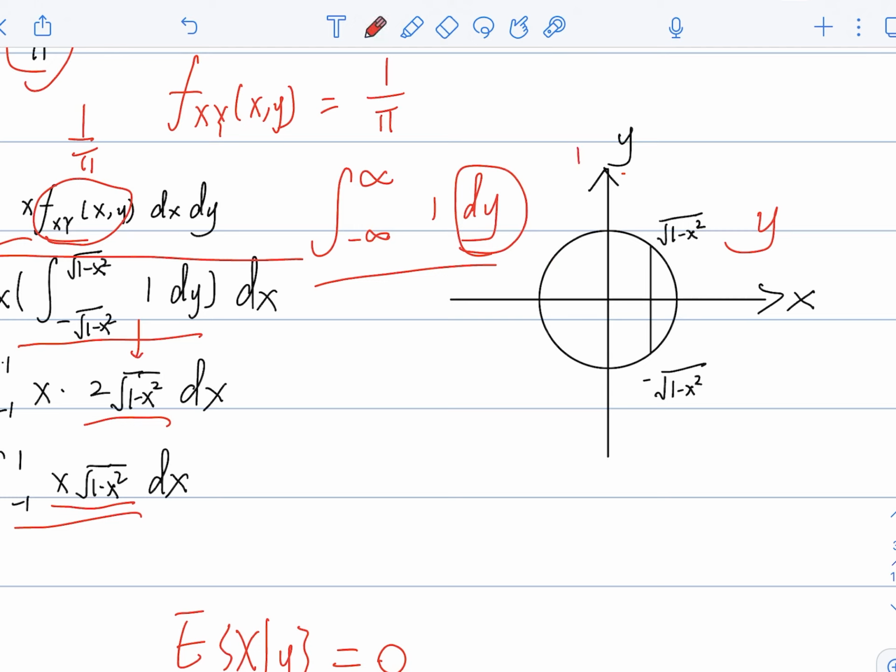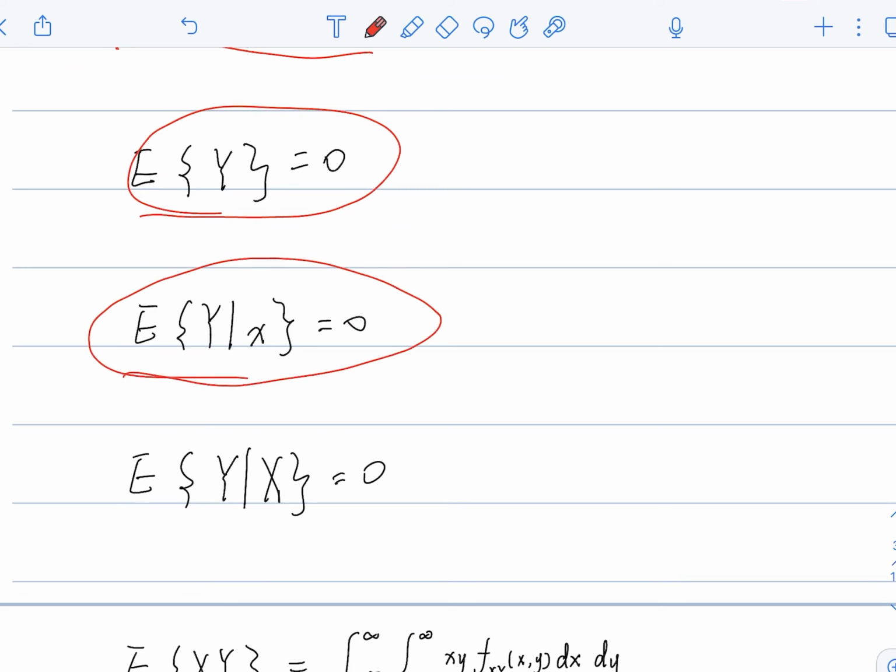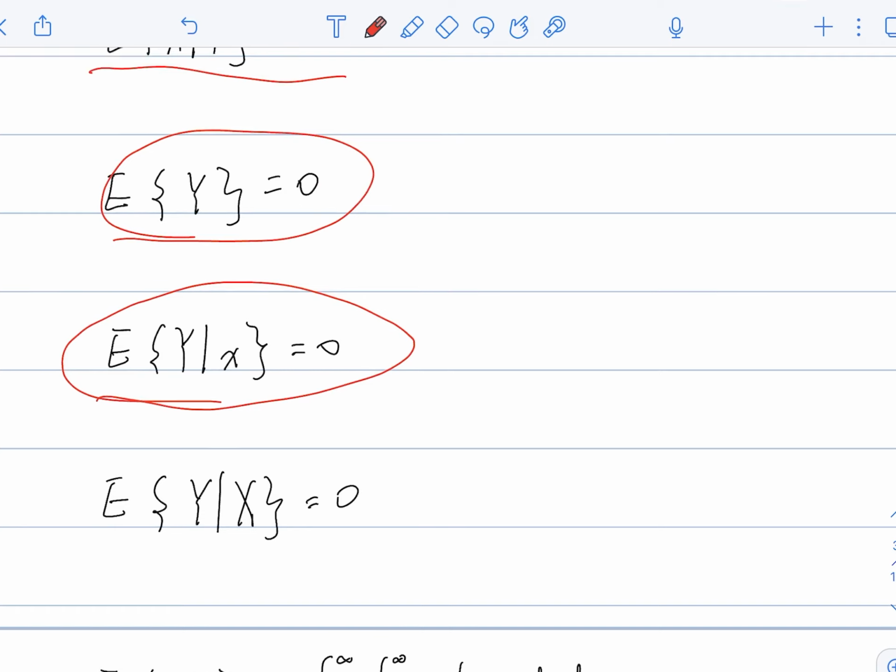With a given x, the mean value of y is 0, because it is symmetric about y equals 0. Hence, the expected value of variable y given x is 0.